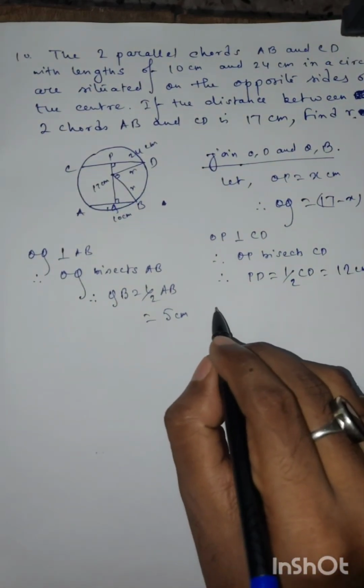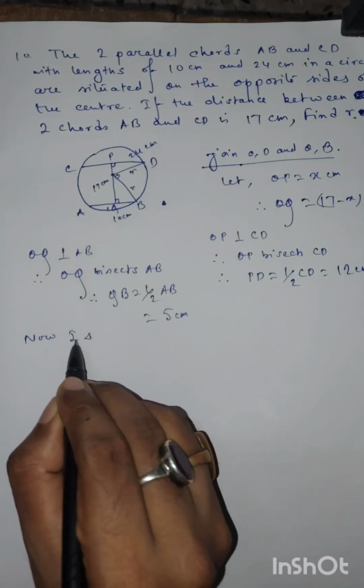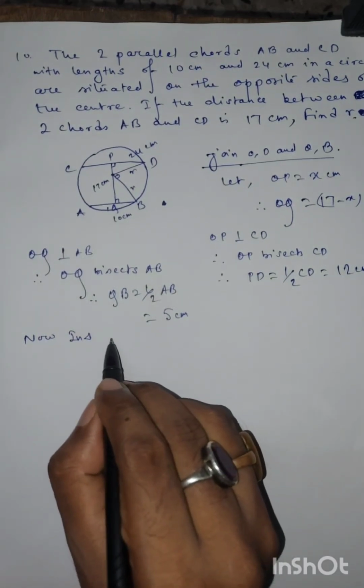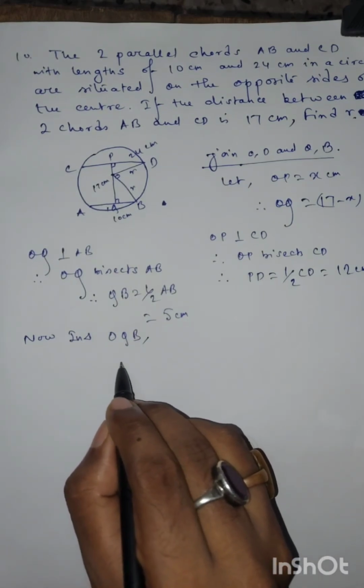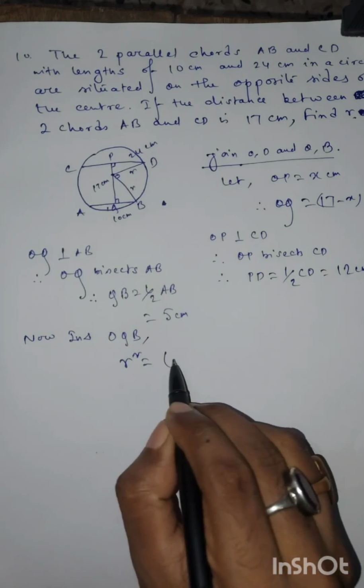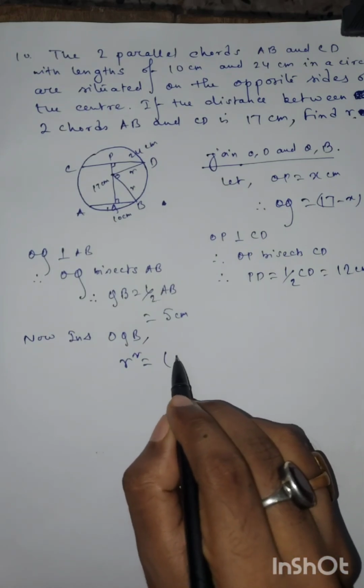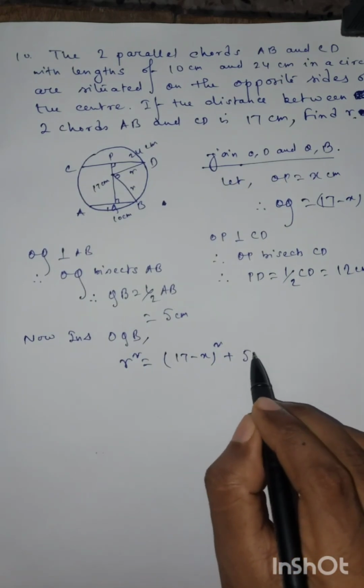Now, in triangle OQB, hypotenuse square equals perpendicular square plus base square.